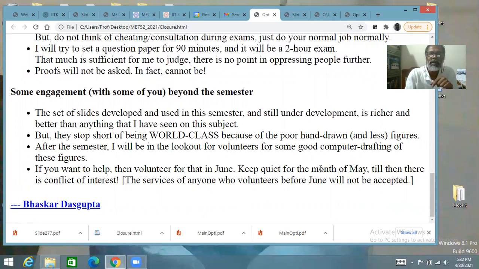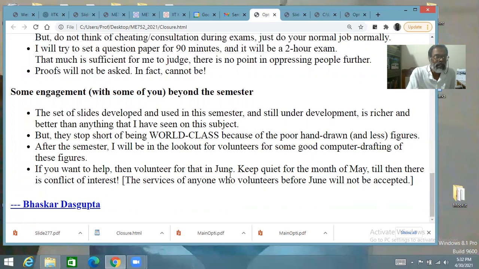So after the semester, I will be on the lookout for volunteers for some good quality computer drafting of these figures, the alternative figures to replace them, and some new figures will get added. So if some of you want to help in that, then volunteer for that task in June.